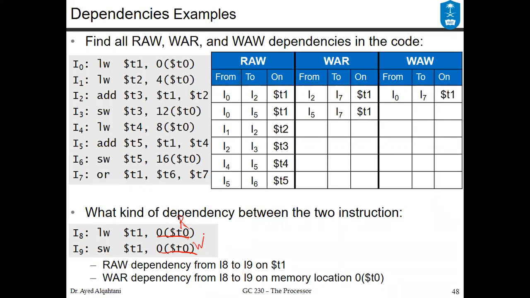You need to resolve this problem, but that's not related to the hardware of the processor, it would be related to the memory itself. But this dependency is there. So there is a WAR dependency between I8 and I9, write after read on this location. If you look for a similar situation in this code, you cannot find it because the locations are different. We have 0, 4, 12, 8, 16, and so on. So they are different from each other.